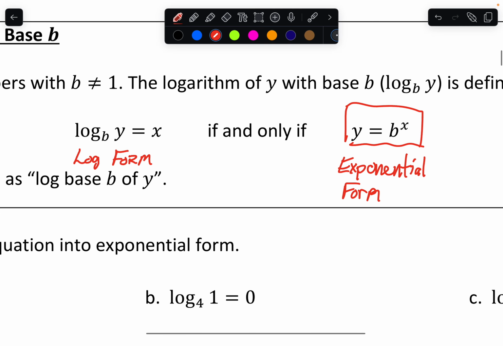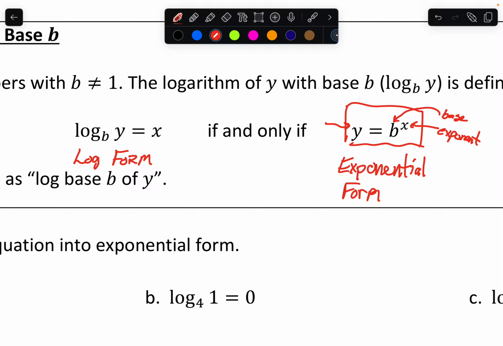We need to look at some of the comparable things here. The b represents the base. The x in this case represents the exponent. The y value is what we're solving for, so this is the value that's by itself.